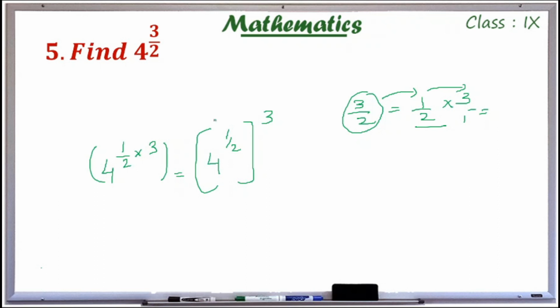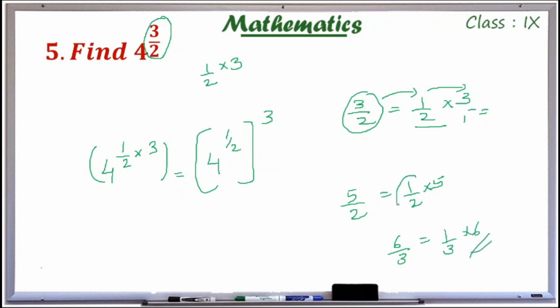Listen well. First I have to split this fraction. 3 by 2 I obtained by 1 by 2 into 3. In the case of 5 by 2, simply 1 by 2 into 5 is equal to 5 by 2. 6 by 3, you can write as 1 by 3 into 6. So you will get the 1 by n form.